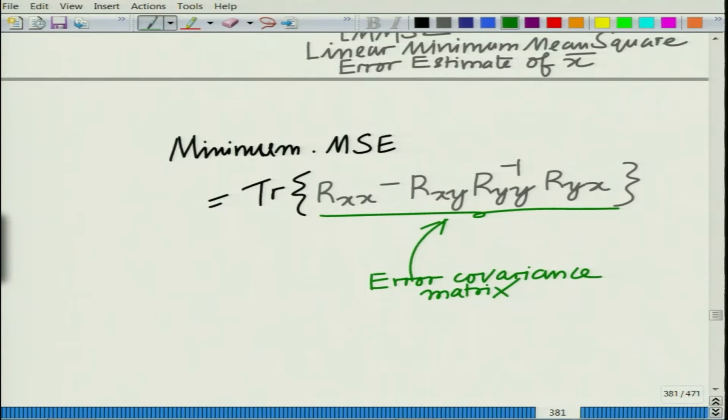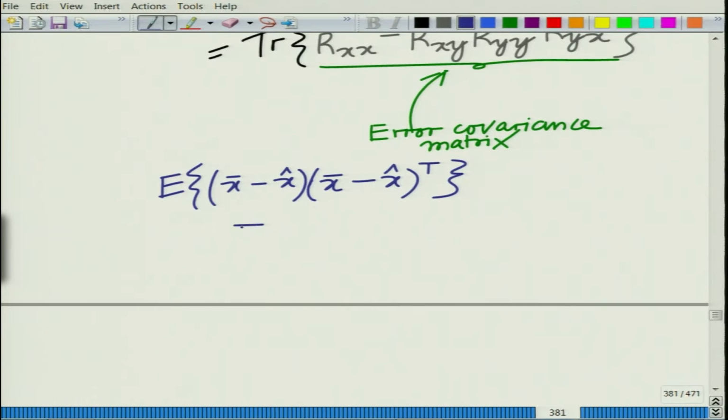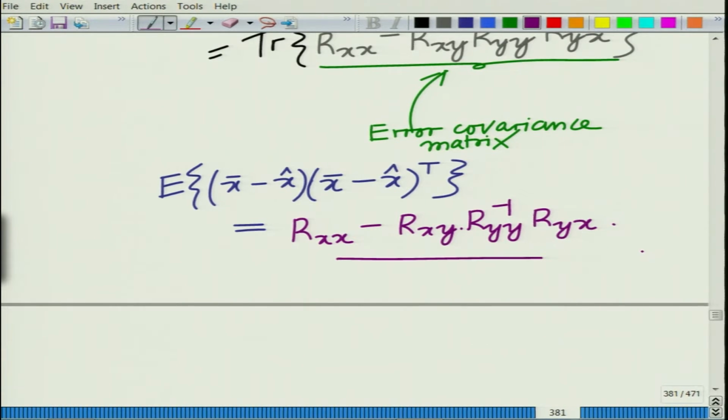for the LMMSE. That is, if you ask the question, what is the expected value of (x bar minus x hat) times (x bar minus x hat) transpose, that is going to be given as R_XX minus R_XY times R_YY inverse into R_YX.